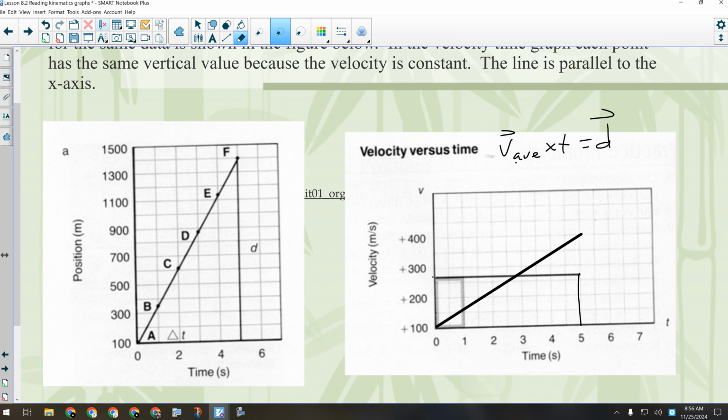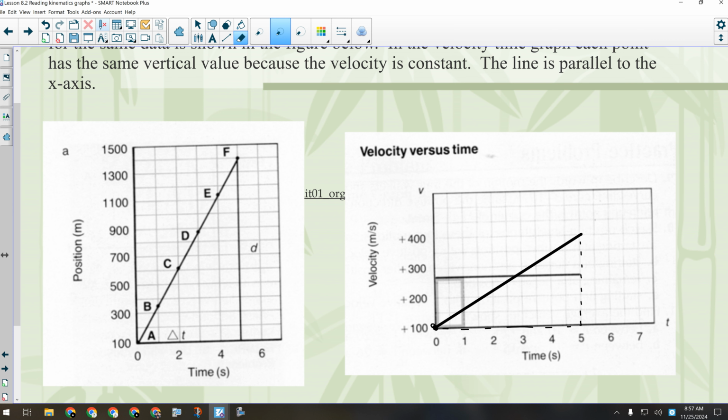Now I've got a diagonal line. Does it make a triangle? Yeah. Okay, how do you calculate the area of a triangle? Base times height divided by 2. Okay, so let's look at that from this perspective here. This object changes its velocity from 100 to 400.